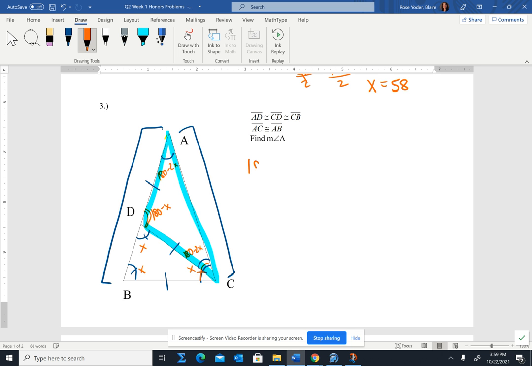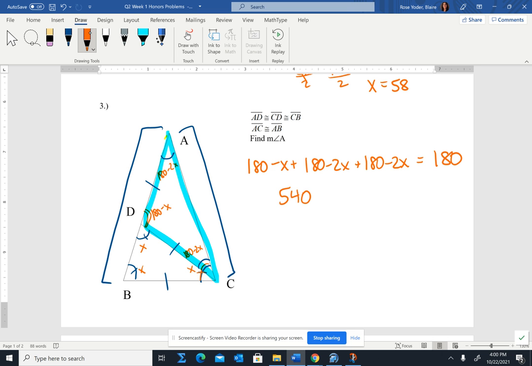We have 180 minus X plus 180 minus 2X plus 180 minus 2X adds up to 180. It's a lot of 180s. Let's see, 180, 180, and 180. I think that's 540, but let me check. Yep, 540.